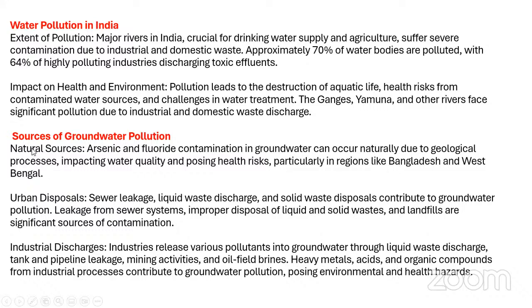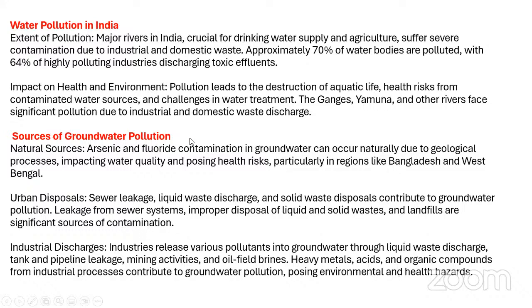Now we are discussing natural sources, urban disposals, and industrial discharges. Industries release various pollutants into groundwater through liquid waste discharge, tank and pipeline leakage, mining activities, and oil field brines. Heavy metals, acids, and organic compounds from industrial processes contribute to groundwater pollution, posing environmental health hazards.